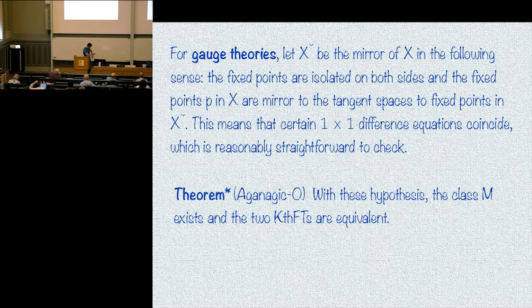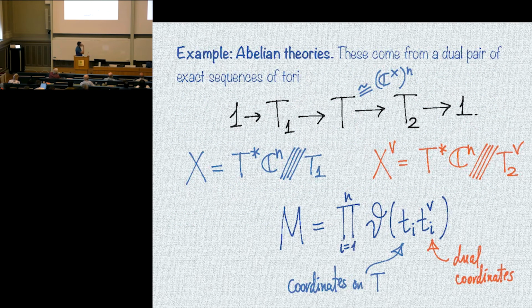That's something I believe we can prove, although I put a star since it'll be a while before we write it down. But here's an example. Abelian theories are classified by just exact sequences, dual exact sequences of tori.